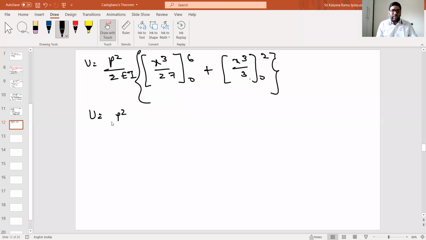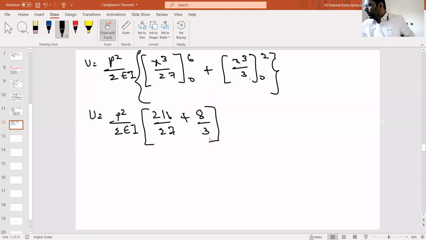So U is equal to P square by 2EI into 6 cube, 216 by 27, plus 8 by 3. We need this value for the calculation.